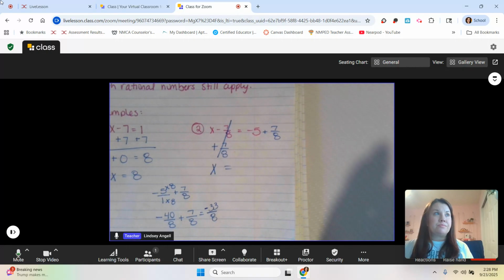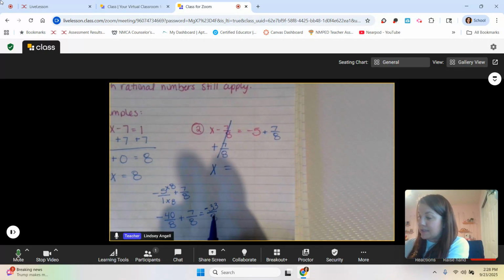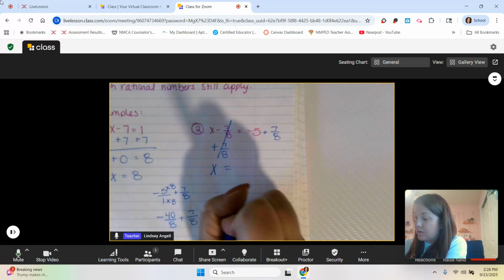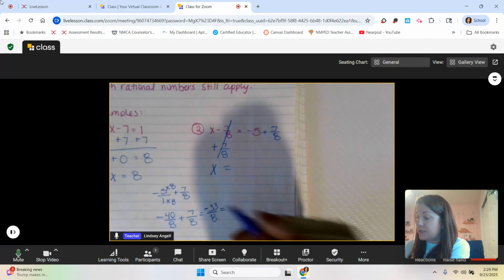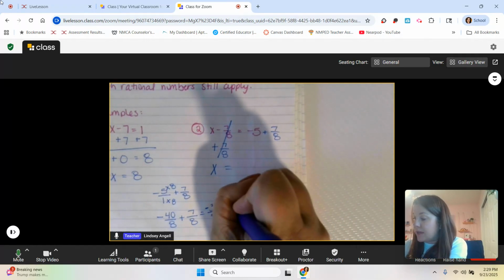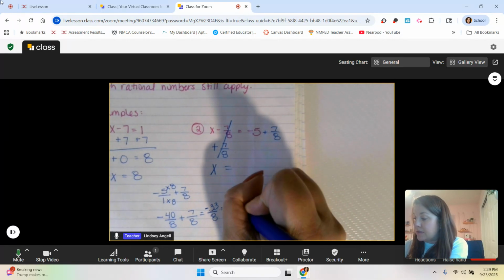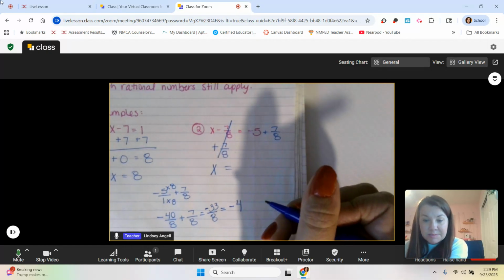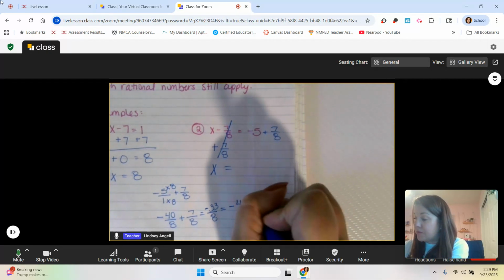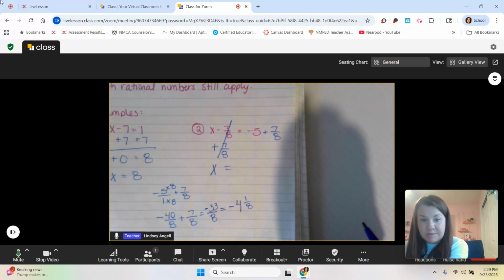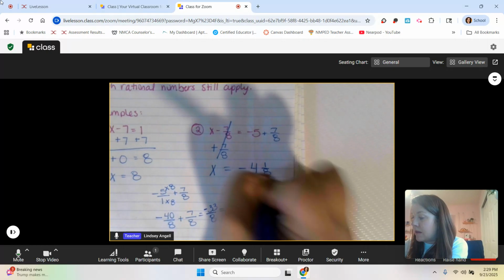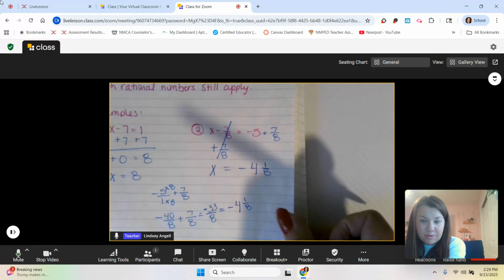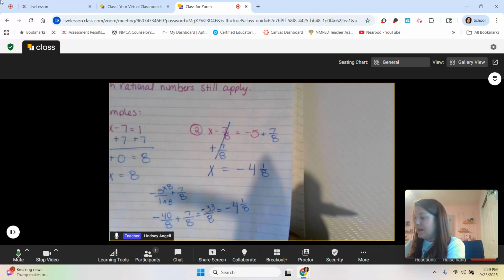And so then with that, we would most likely need to convert it to a mixed number, right? 8 goes into negative 33. Let's see, it's still negative. It goes in 4 whole times. That gets me to 32. So I have 1 left over, and 8 is my denominator. So x is equal to negative 4 and 1/8. Okay? All right.